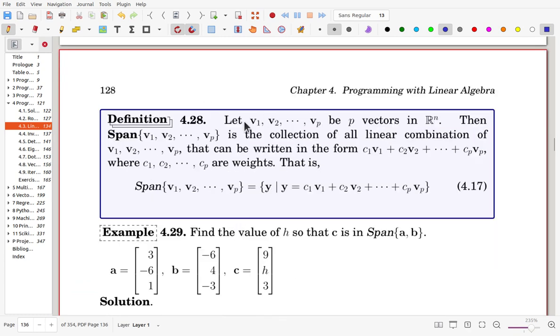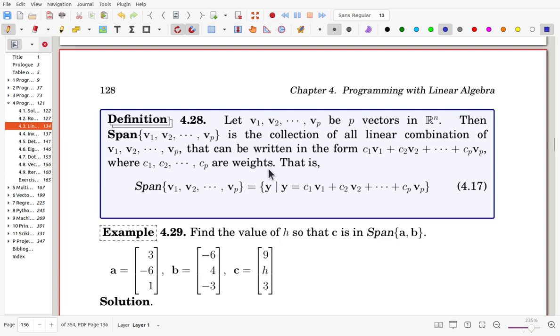Here, v1 to vp are p vectors in R^n. Then we define the span. The span of v1 to vp is the collection of all linear combinations of v1 to vp.